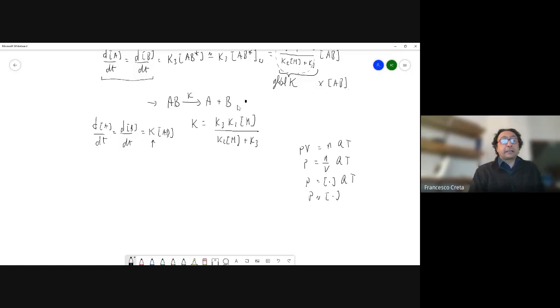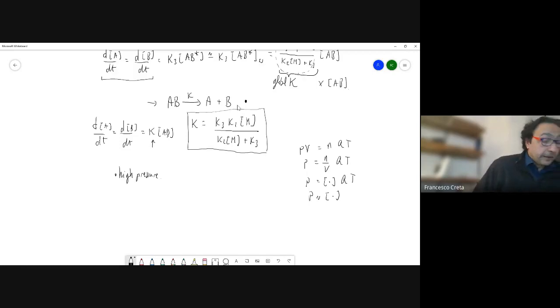So now look at this expression for K, because you have two cases, okay? At high pressure, what happens? Well, at high pressure, okay, the third body concentration is high.